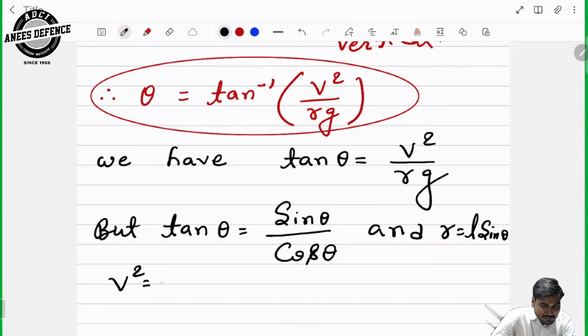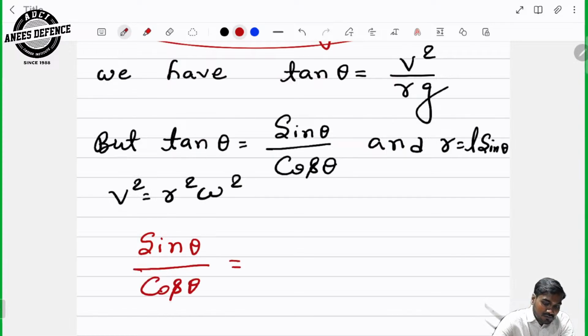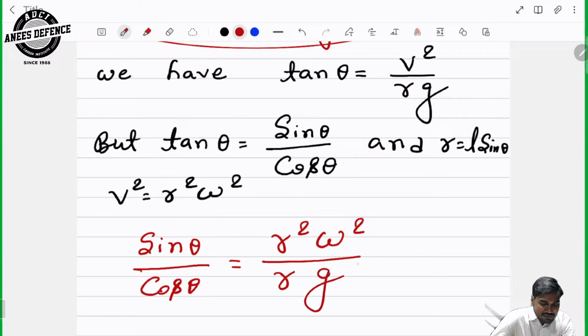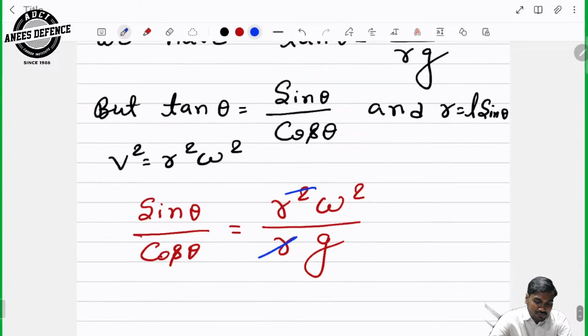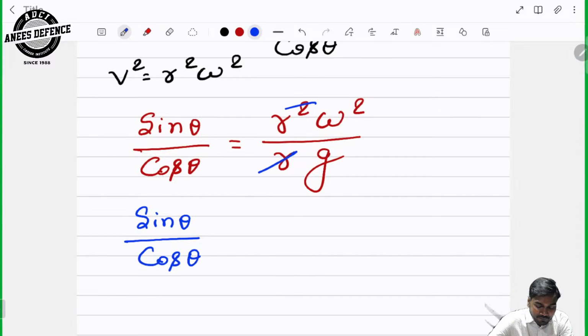V square is r square omega square. After putting this value, sin theta upon cos theta is equal to r omega square upon g, since r cancels.